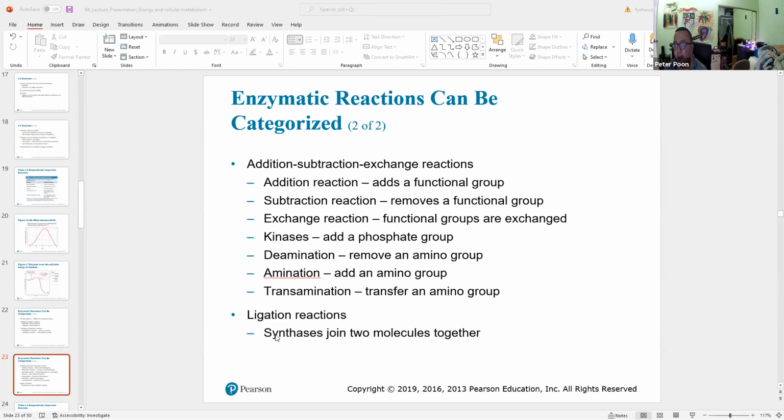Synthetases are like ligation reactions, where they join two things together, like two bigger things, not just an amino group or a phosphate group, but an entire peptide together or entire stretches of DNA together. So synthetases.